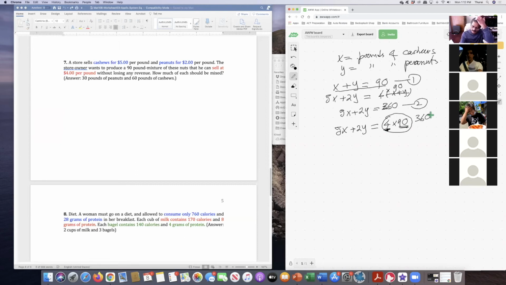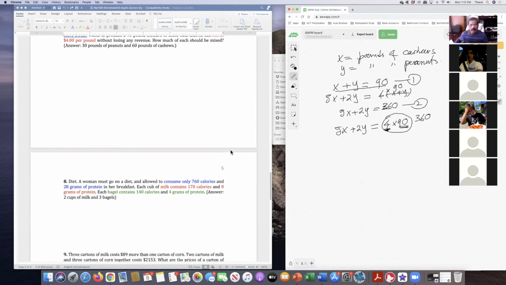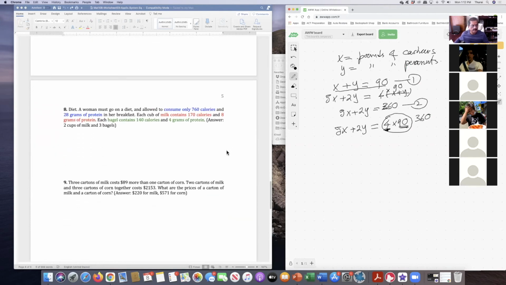So that's my second equation, and you can solve them to get the answer. Going over to number 8. I have selected some good examples that illustrate these different kinds of problems.